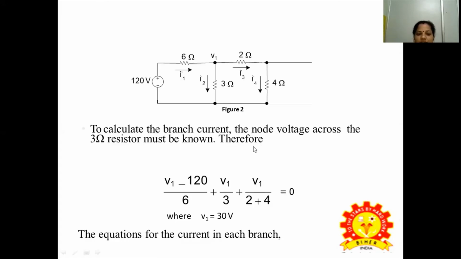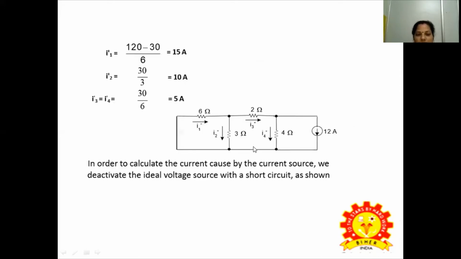The equation for the current in each branch: I1 dash equals (120 minus 30) divided by 6, which is equal to 15 amps. I2 dash equals 30 divided by 3, which is equal to 10 amps. I3 dash equals I4 dash, which is 30 divided by 6, which is equal to 5 amps.